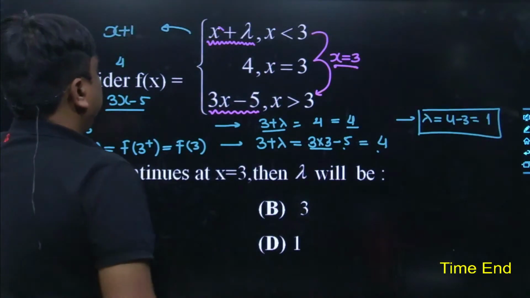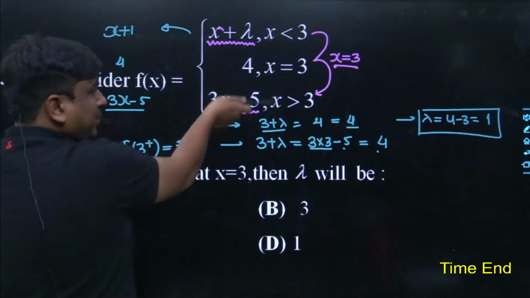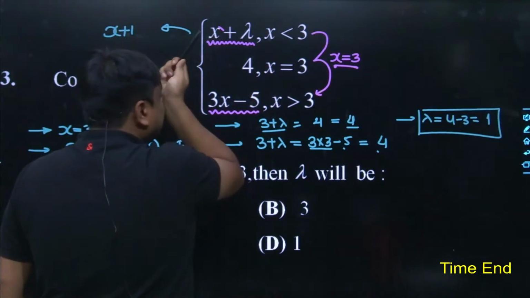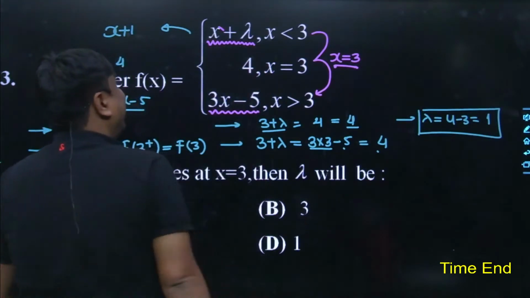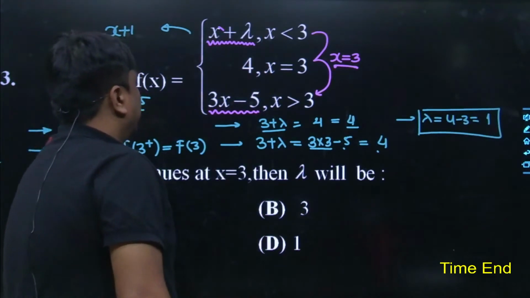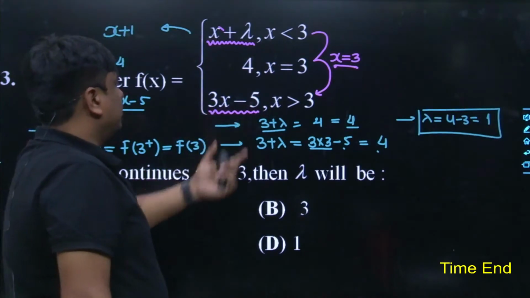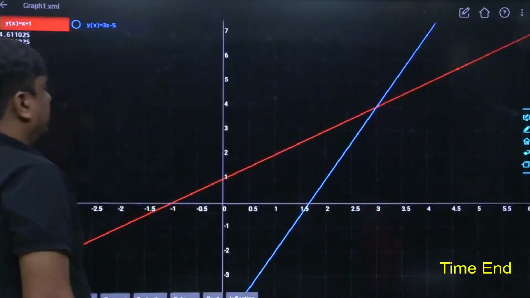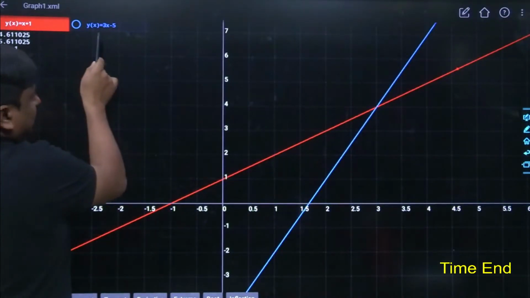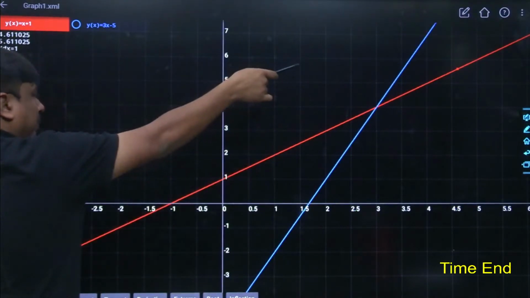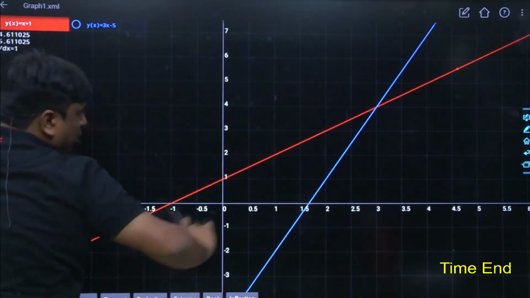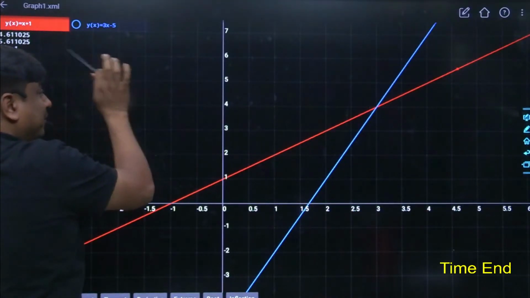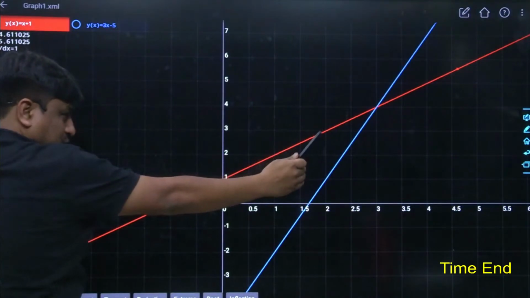See, the changeover is taking place at x is equal to 3. Before x is equal to 3, the function was identified or dominated by x plus lambda, where the lambda is taken as 1, and from x is equal to 3 onwards it's been taken over by 3x minus 5. So let me go back. See, 3x minus 5 is drawn in blue color, and x plus 1 is drawn in red color. x plus 1 has been identifying my function for x before 3.